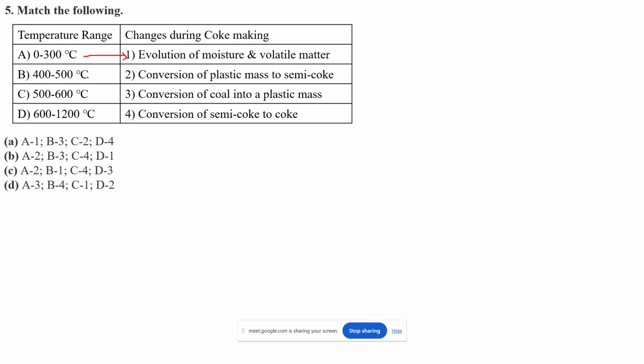Then 400 to 500 degrees Celsius, there will be conversion of coal into a plastic mass. Then from 500 to 600 degrees Celsius, the conversion of plastic mass to semi coke will happen. And from 600 to 1200 degrees Celsius, this semi coke is going to get converted into the coke material, which has higher strength compared to the coking coal material.